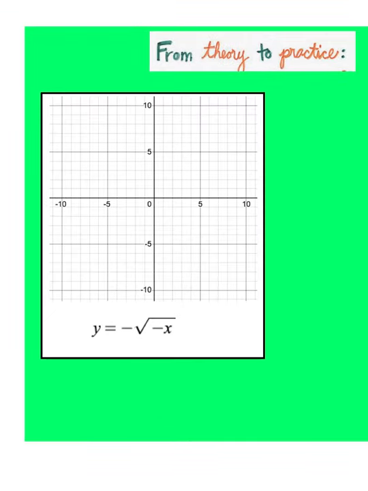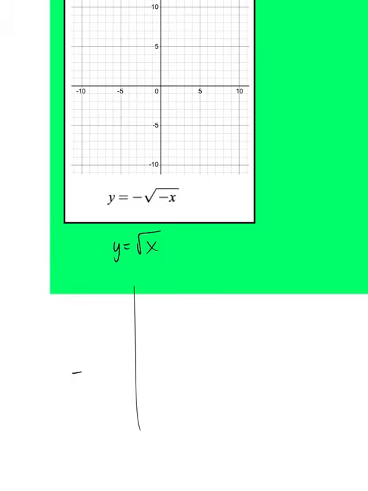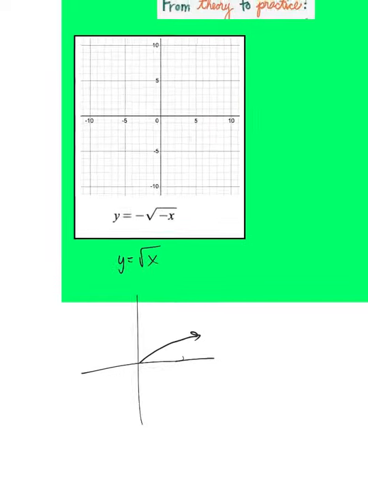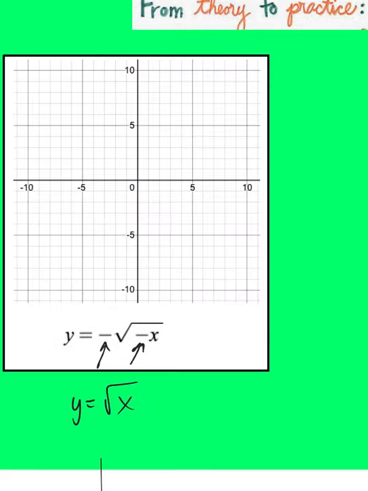So here's another one where we have y equals root of x as the parent function. And the graph for root of x looks something like this. Now what we have to look at is that we've got a negative here and a negative here. The original function is 1, 1, 4, 2, 9, 3, and so on.